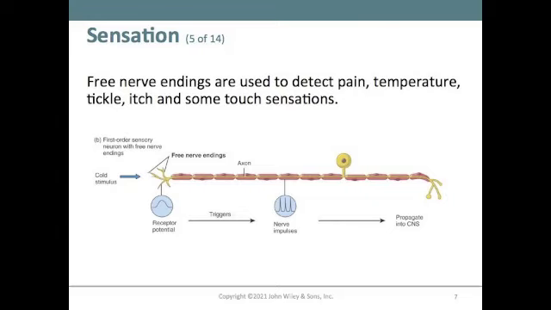So in free nerve endings, these nerve endings are bare and they lack any structural specializations that can be seen under a light microscope. Free nerve endings are used to detect pain, temperature, tickle, itch, and some touch sensations.